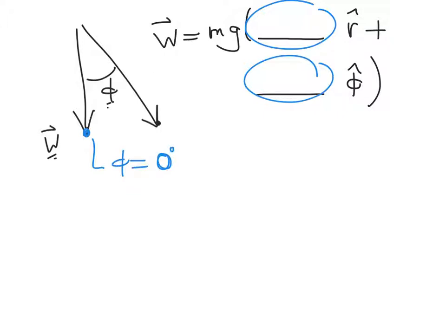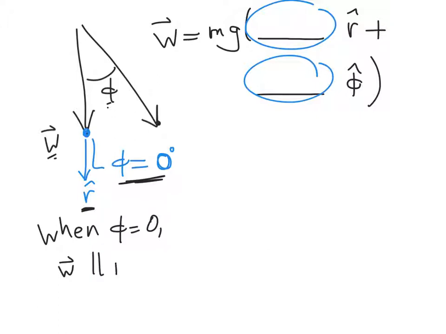Okay? And when the skateboard is at the bottom of the half pipe, the radial vector points directly outward. We know also that the weight vector in that case must also point directly outward along r hat. So in other words, when phi equals 0, the weight vector must run parallel to the radial vector r hat.